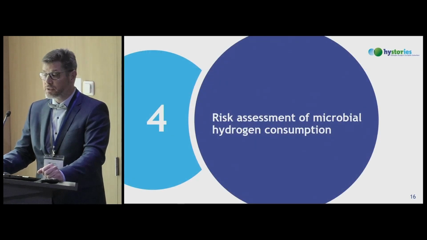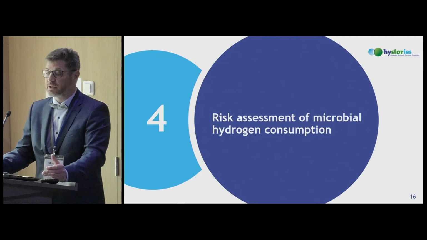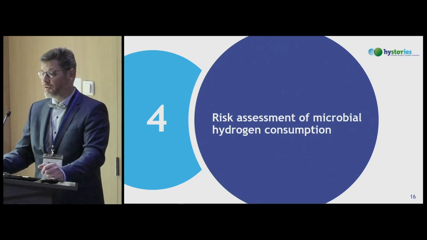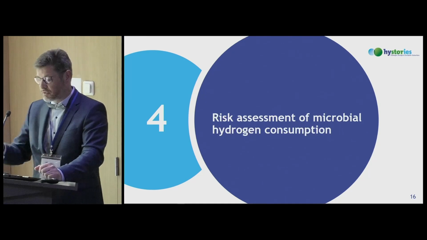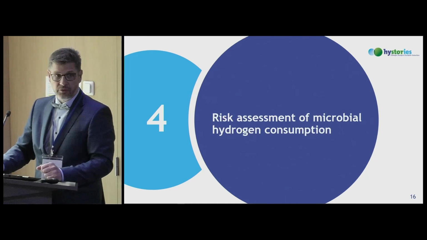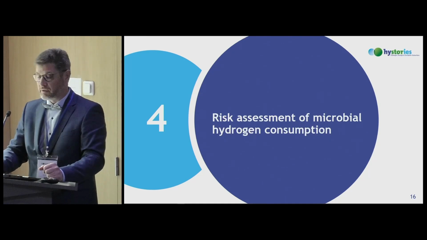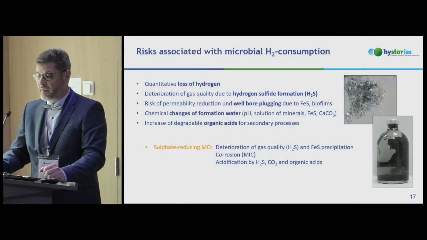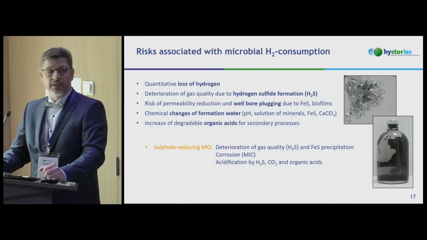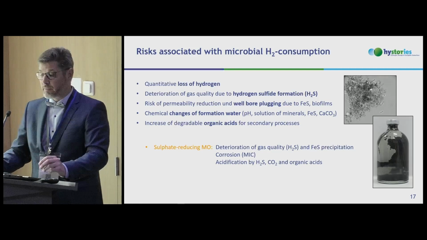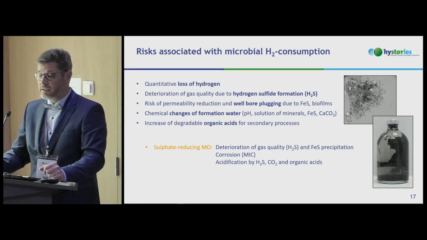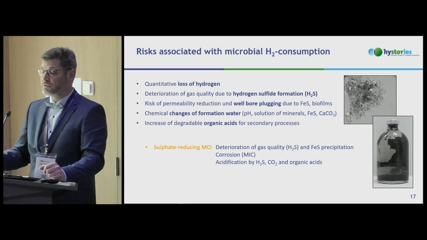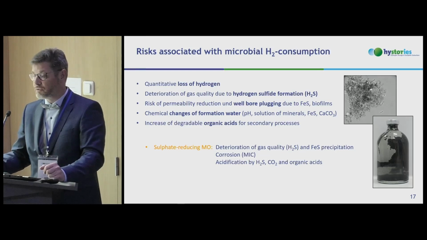But what are the possible consequences of the microbial hydrogen utilization, and how can we assess and describe the risk for the individual underground storage? We just heard about the impact of the H2S production, or H2S in general. Let us briefly look at the technical damage potentially caused by the microorganisms. Basically, any microbial activity is detrimental to the operation of a porous underground storage.